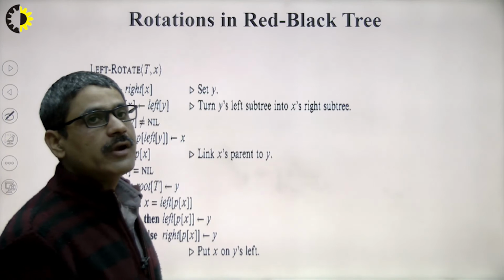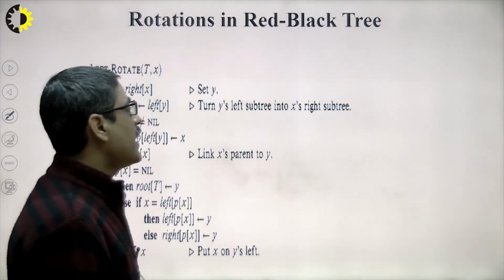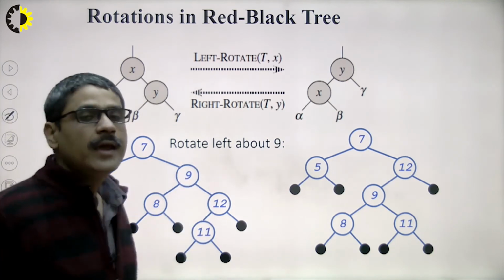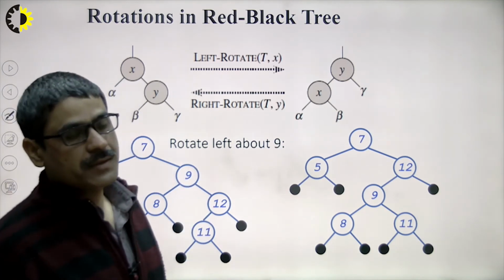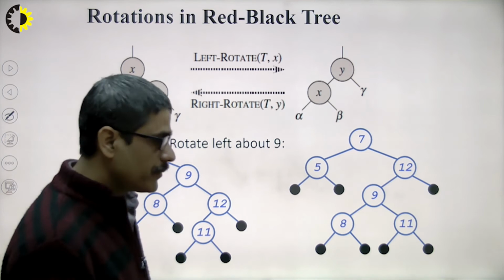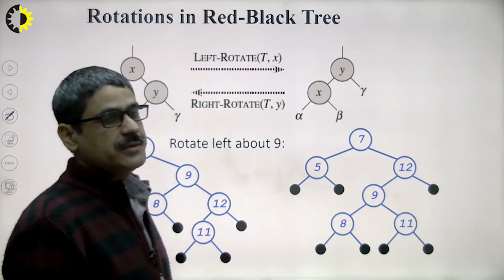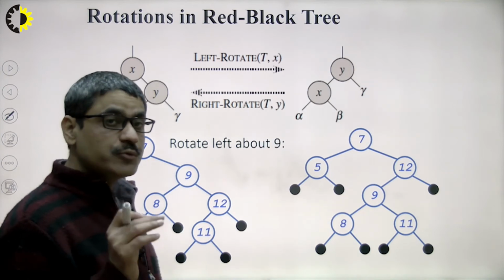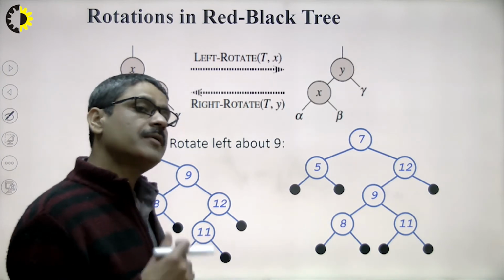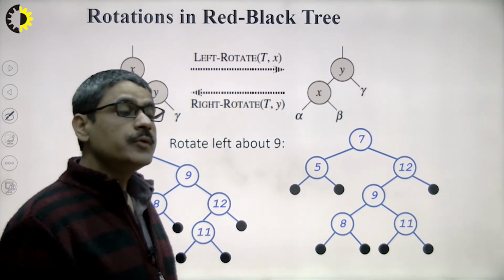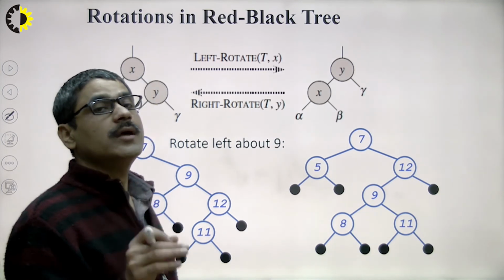Now we are talking about rotation in red-black trees. In the next slide, we can define why rotation is required. Rotation is required because it is a balanced tree. Whenever you perform any operation, first you have to check whether it is still a red-black tree, or whether we have to apply some balancing properties.